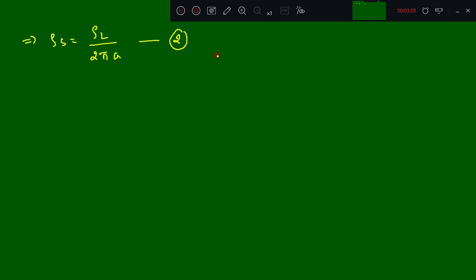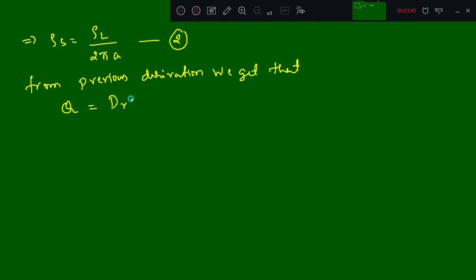Due to the symmetry, D has only a radial component, and from the previous derivation we get Q equal to D r into 2 pi r L. This is the previous derivation; call this equation number 3.